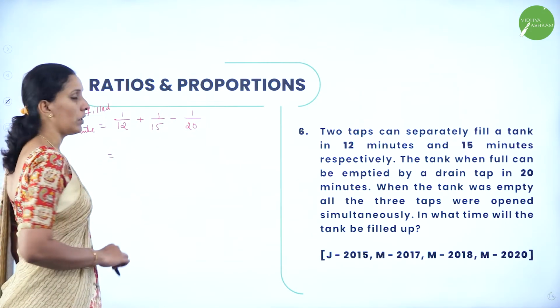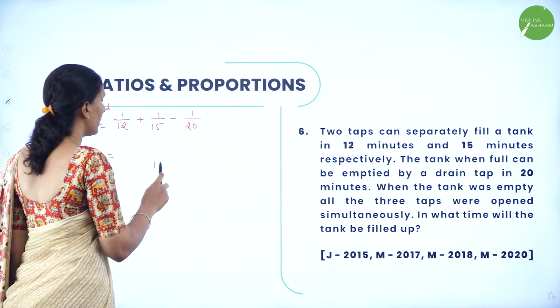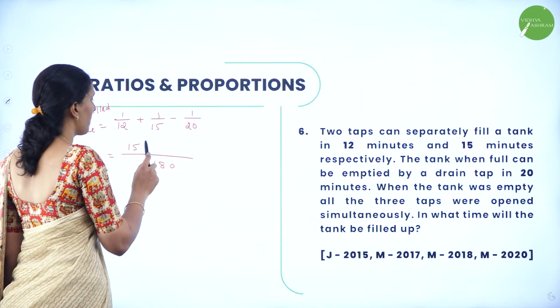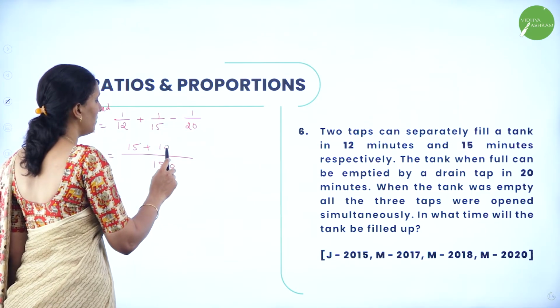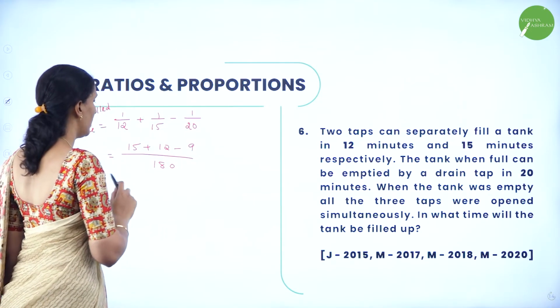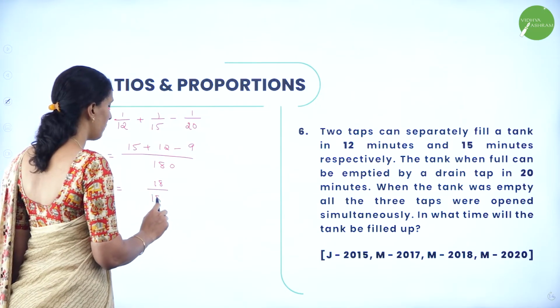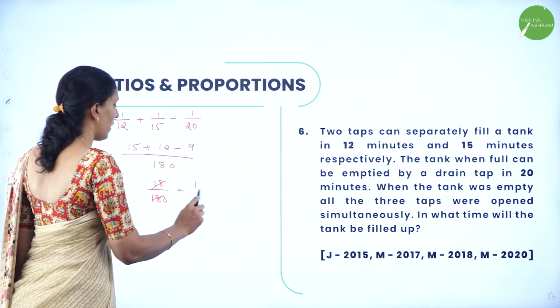So when you take the LCM you will get 180. So here 15, here 12, so here 9. On evaluating we will get 18/180, which is 1/10.